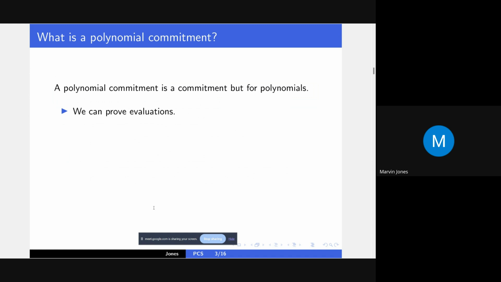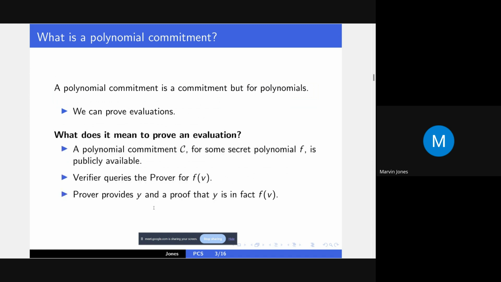You can evaluate polynomials. You can plug in a number to a polynomial. And we would need to be able to prove these evaluations because I've just made another claim using that data in that commitment. So you need to be able to verify it.